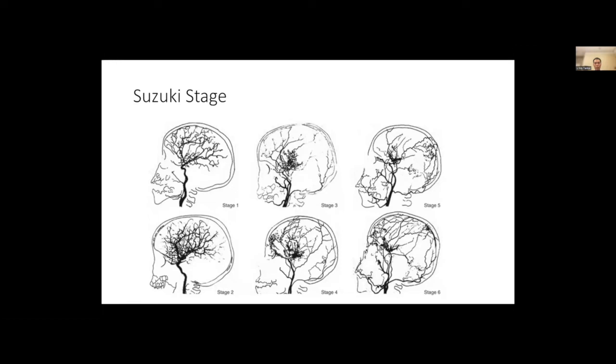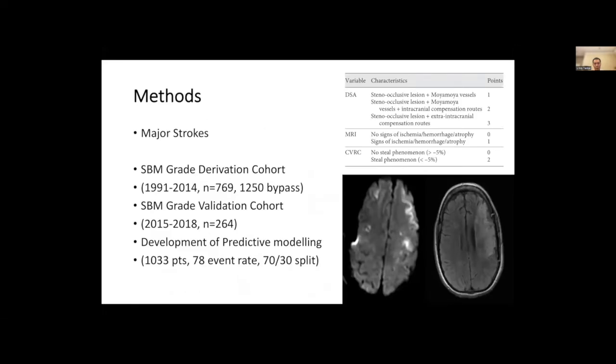As a result, we think there is a need for a more contemporary grading system for Moyamoya disease to address those problems.